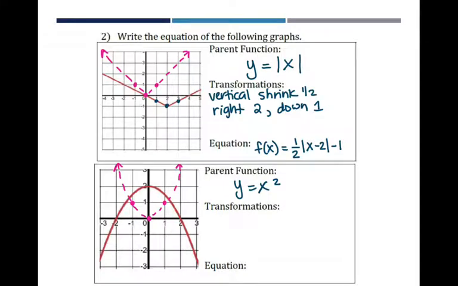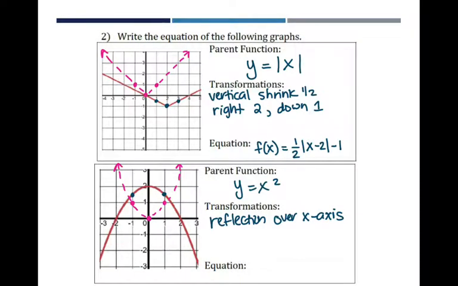I can see that my graph is opening down, which means we did have a reflection over the x-axis, which means I am going to have a negative in front of my function when I write my equation. I can also see that my parabola is a little bit wider because if I look at my points right here, they're once again in the middle of my grid. So we're going to go ahead and assume that that's at 1/2.